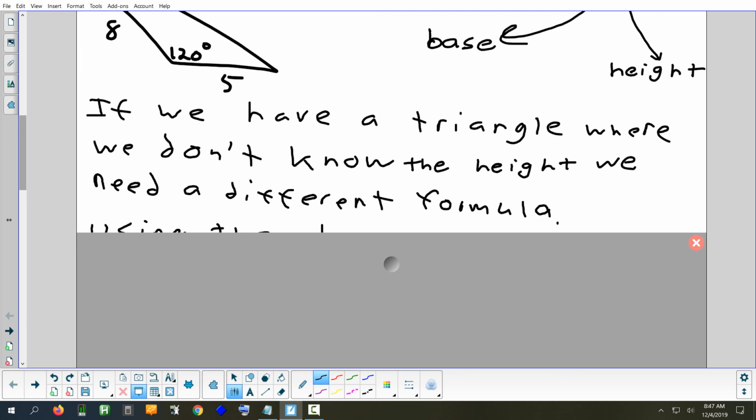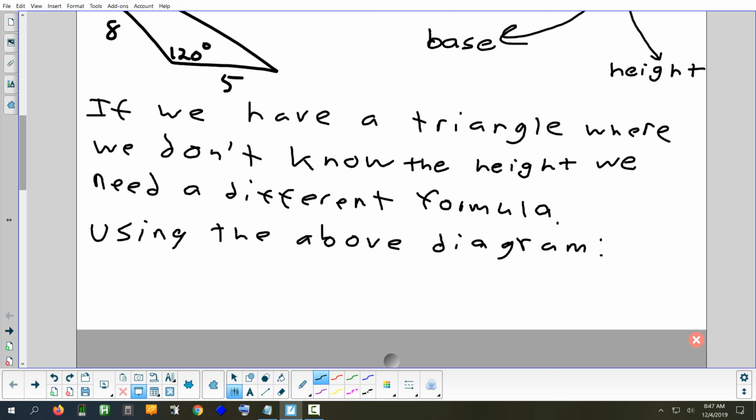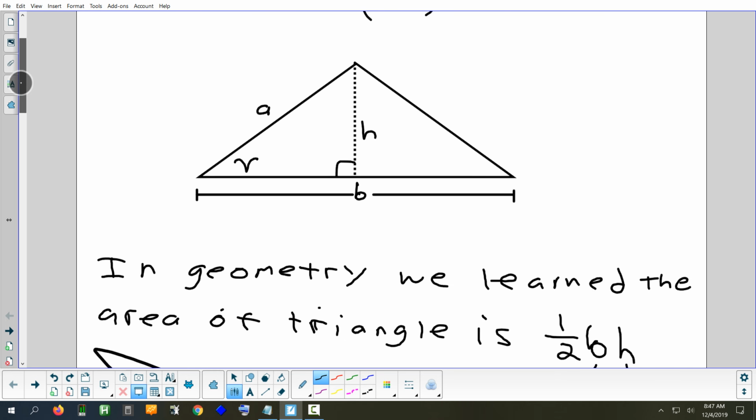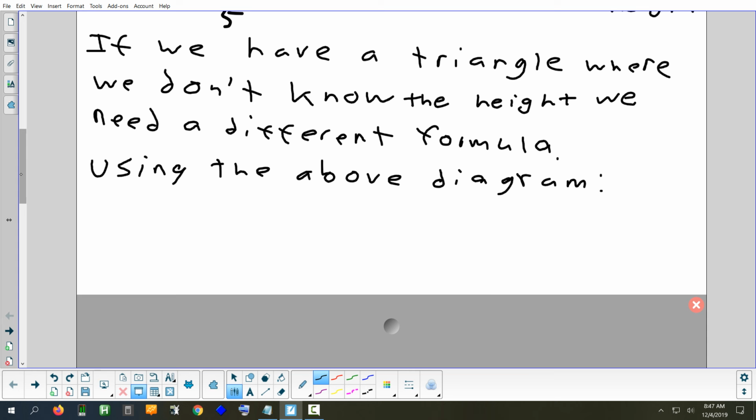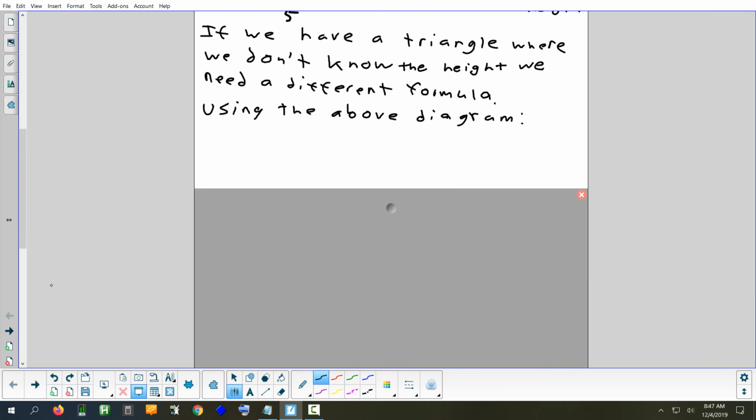If you don't know the height, then we're going to have to use something a little different. But it's still going to be based on 1/2 the base times the height. So I'm going to use this diagram that I have up above.